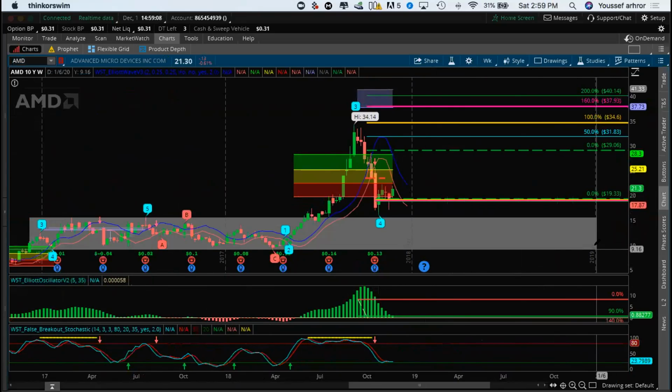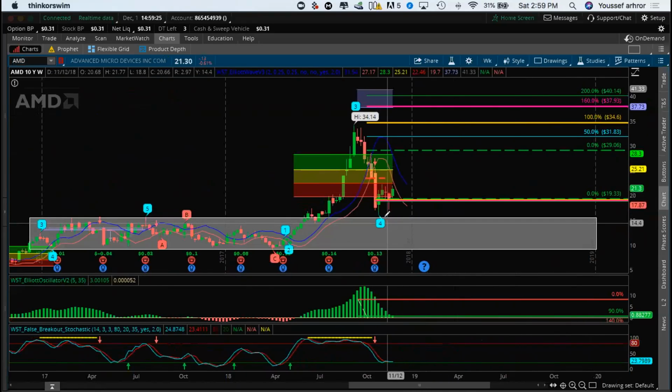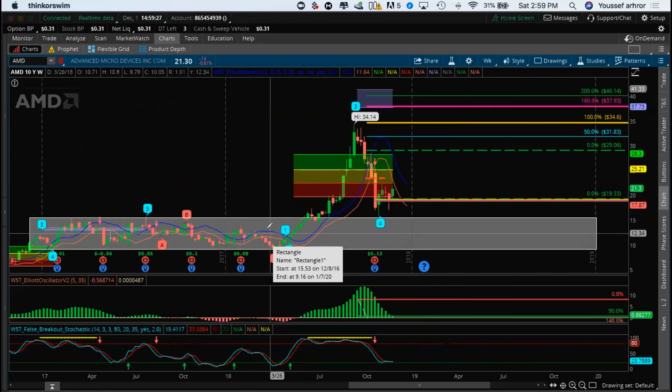So I wouldn't get overly concerned, but if it comes back and closes below $15, depending on where your loss is at the moment, that would be the time to get out. Now, for me at this moment in time, I'll obviously look on another time frame. It's found support at the top end of that previous range. So it may have found its bottom.